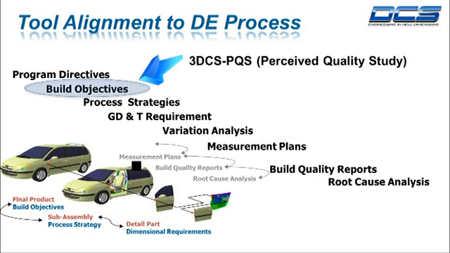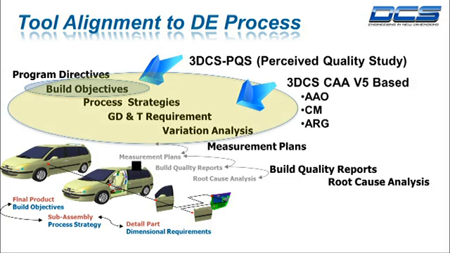If we look at it from a tools perspective, within the DCS product suite, we have 3DCS for doing variation analysis that can be applied very early during the build objective stage, so that designs can be optimized in order to accommodate or tolerate the most variation and still achieve the objectives for that product.